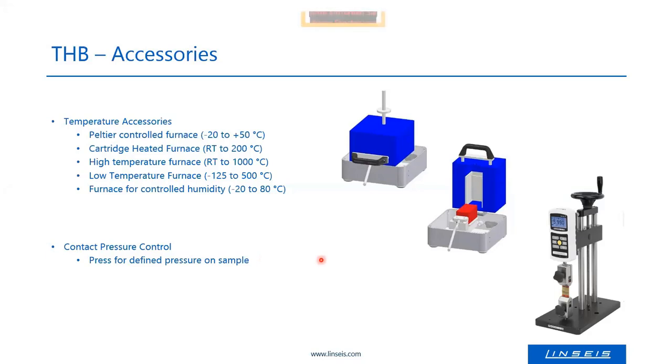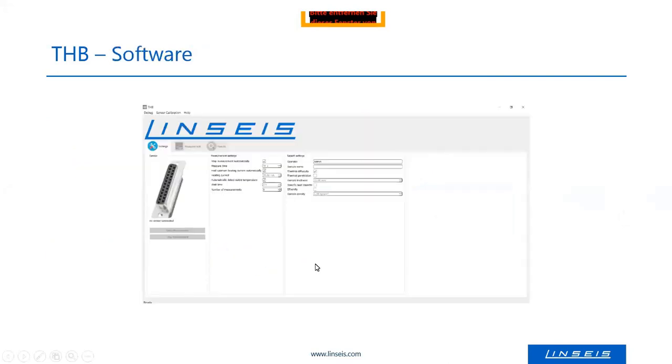And you can measure with these devices under defined pressure, and you can then calculate back the volume, and then by the volume, you can calculate back the density, and at the end you get thermal conductivities as a function of density.